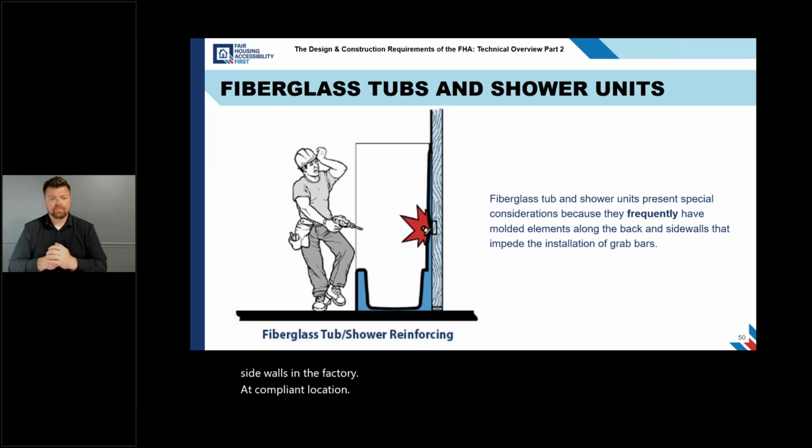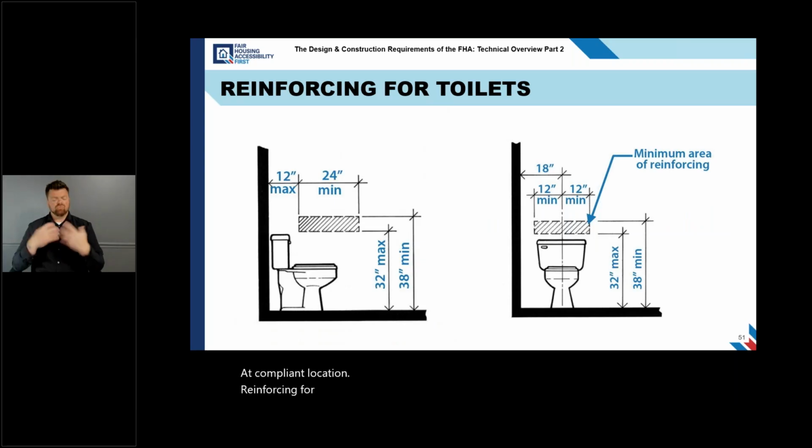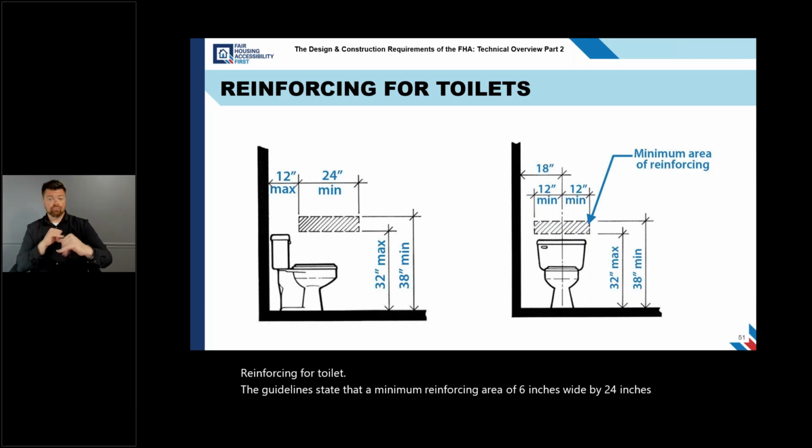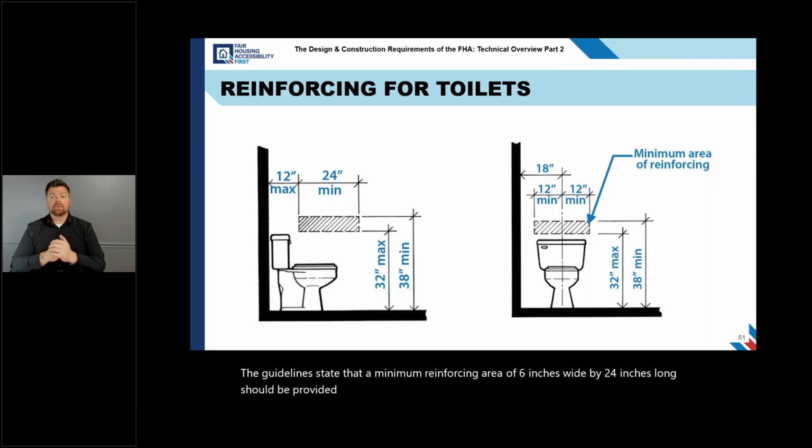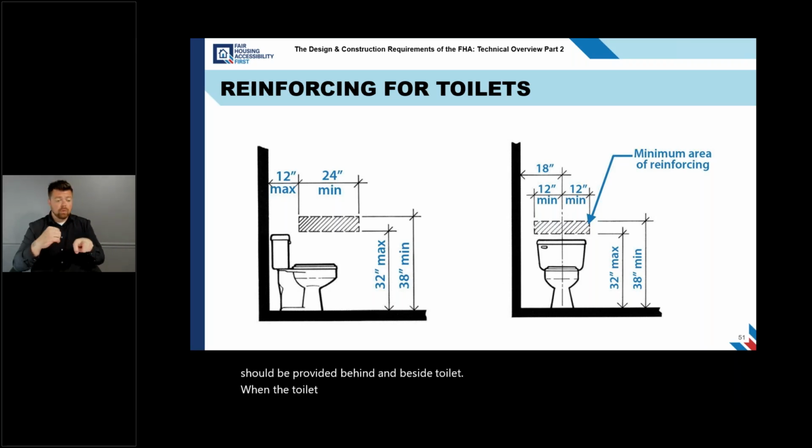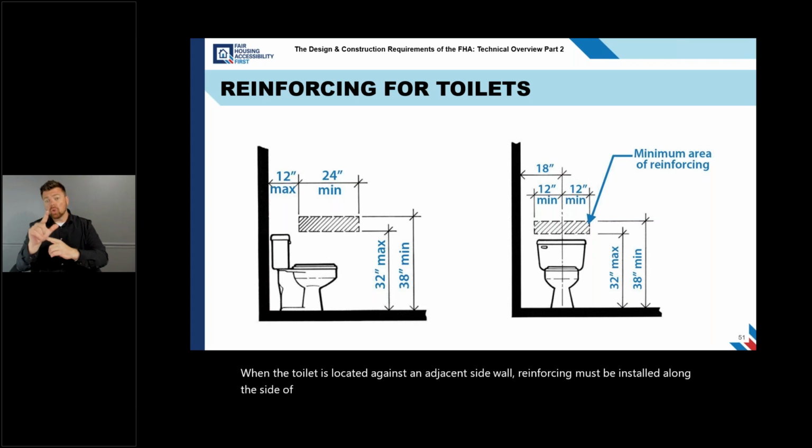Reinforcing for toilets. The guidelines state that a minimum reinforcing area of 6 inches wide by 24 inches long should be provided behind and beside toilets. When the toilet is located against an adjacent side wall, reinforcing must be installed along the side of the toilet.